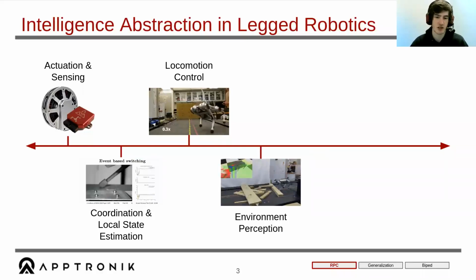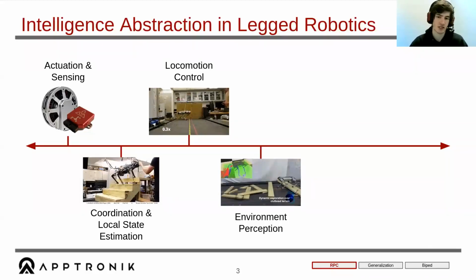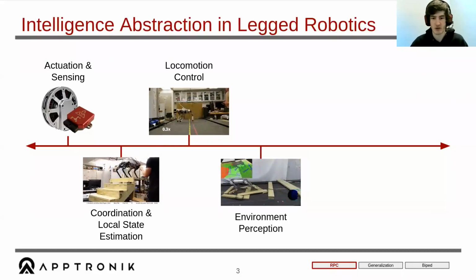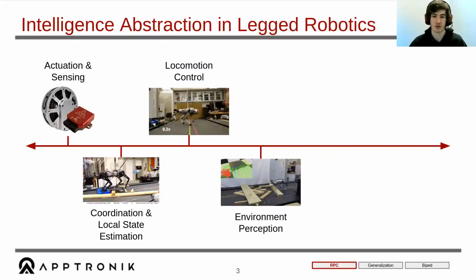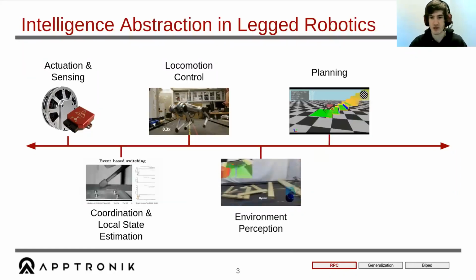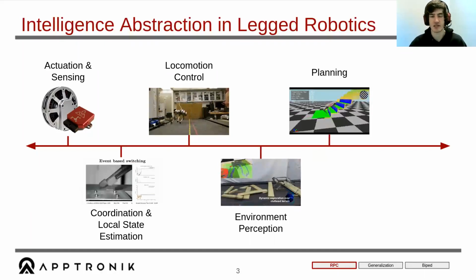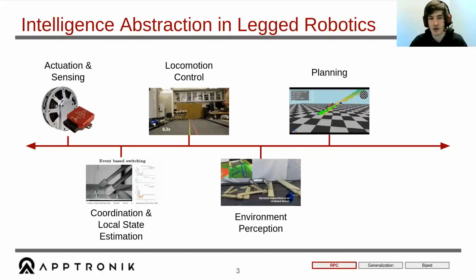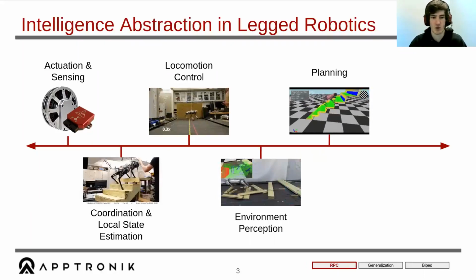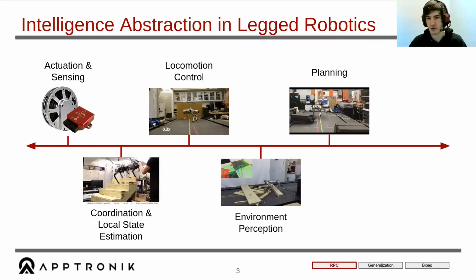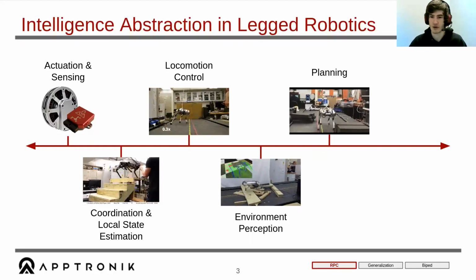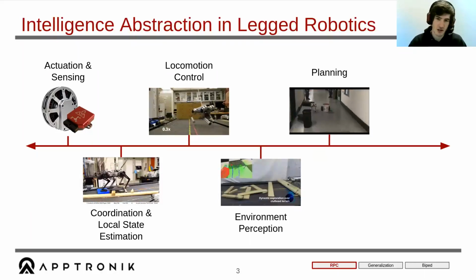But without perception or any kind of environment knowledge, your robot's just going to be blindly walking around the world. So the next thing you want to integrate is perception, to know some information about the world before you actually touch the world. That way you can plan paths around it. You can decide, okay, here's a stair, I know what I want to do, or here's an obstacle in front of you, I want to move around it, and how do I actually get to the goal location?